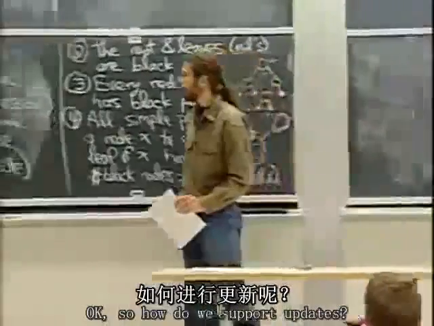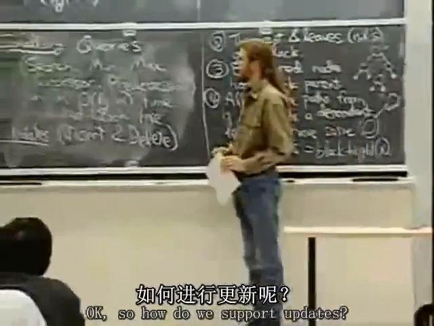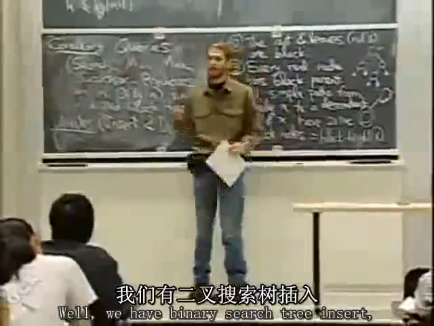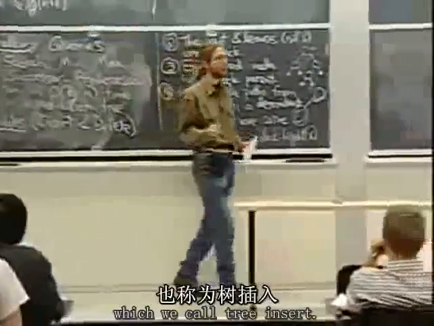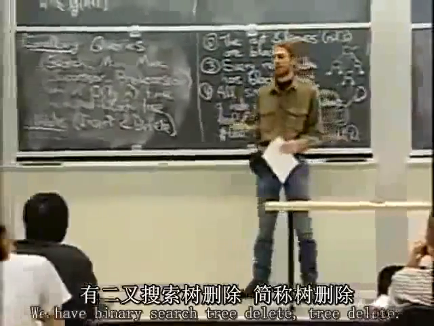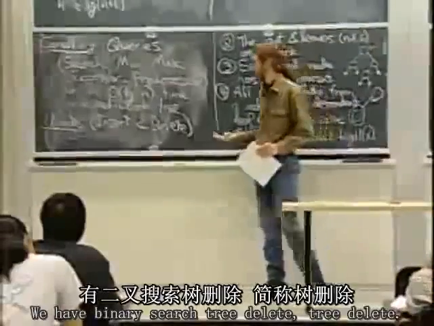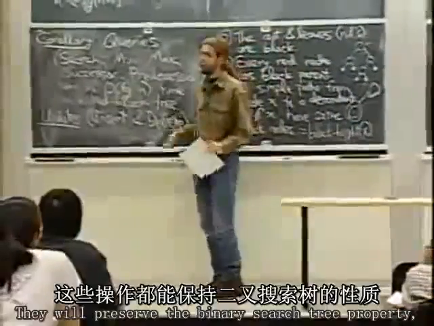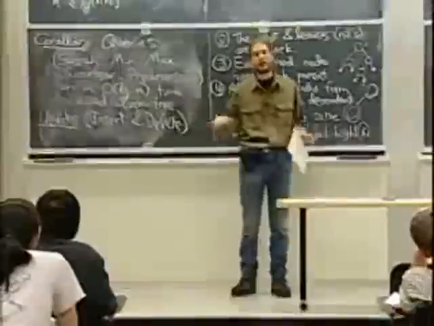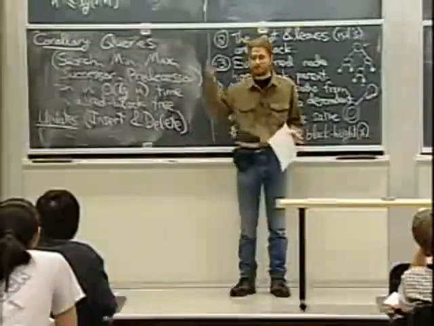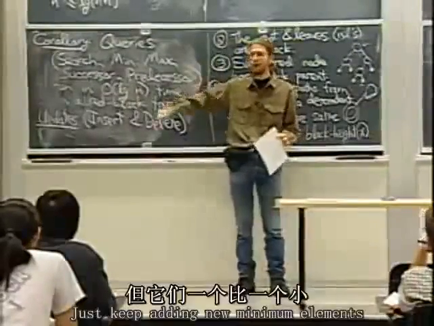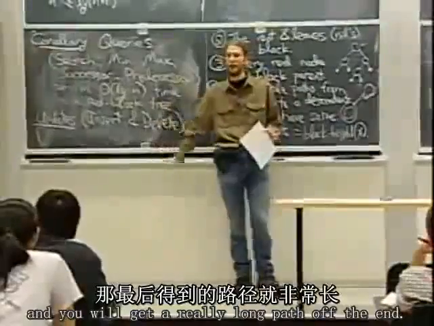Okay, so how do we support updates? Well, we have binary search tree insert, which we call tree insert. We have binary search tree delete, tree delete. They will preserve the binary search tree property, but we know they don't necessarily preserve balance. You can insert a bunch of nodes, just keep adding new minimum elements, and you'll get a really long path off the end.